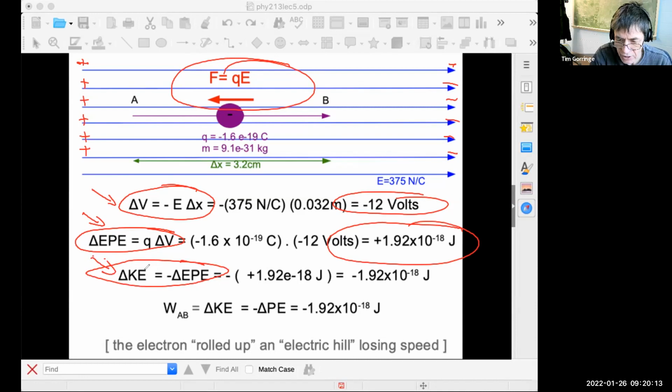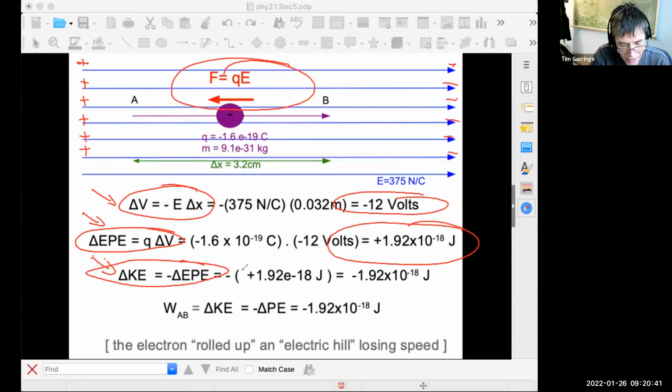Third question, what's the change in kinetic energy? Well, the change in kinetic energy is equal to the negative of the change in potential energy. That's nothing other than energy conservation, that we can't destroy energy, we can just move it around. We're moving it between kinetic energy and potential energy. So however much the potential energy changes, and it went up, there must be a corresponding same size but opposite sign change in the kinetic energy.